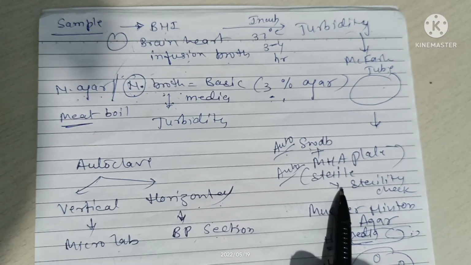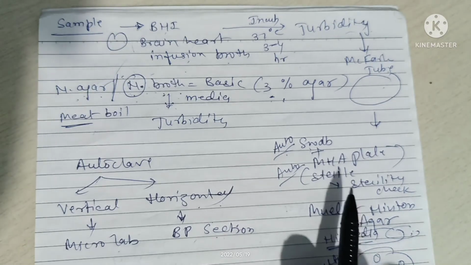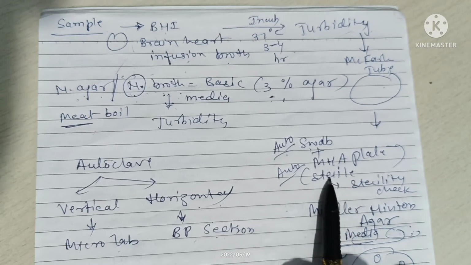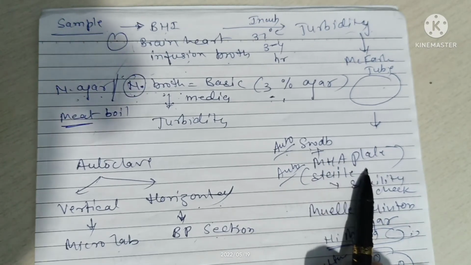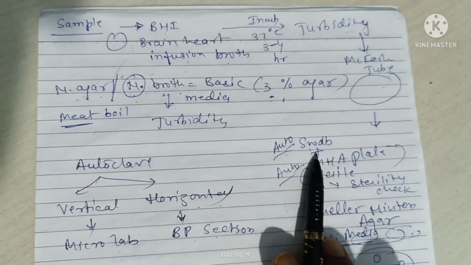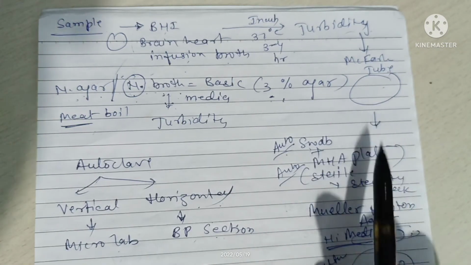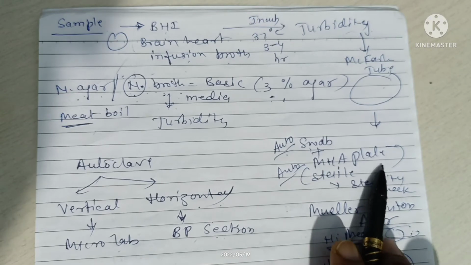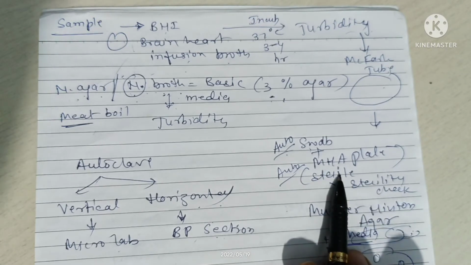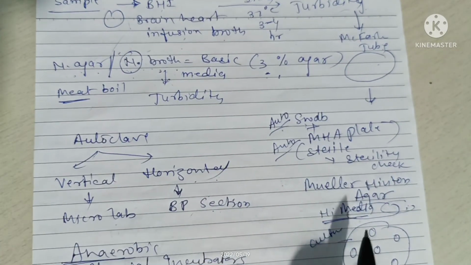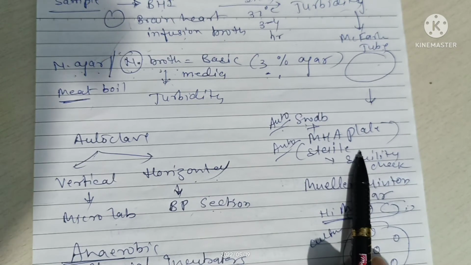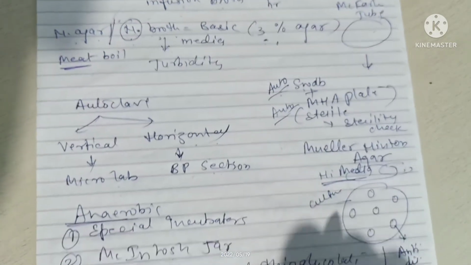After the sterility check, we use the sterile Muller-Hinton agar plates. By swabbing the turbid broth onto the Muller-Hinton agar plates, we gently swab the whole plate.